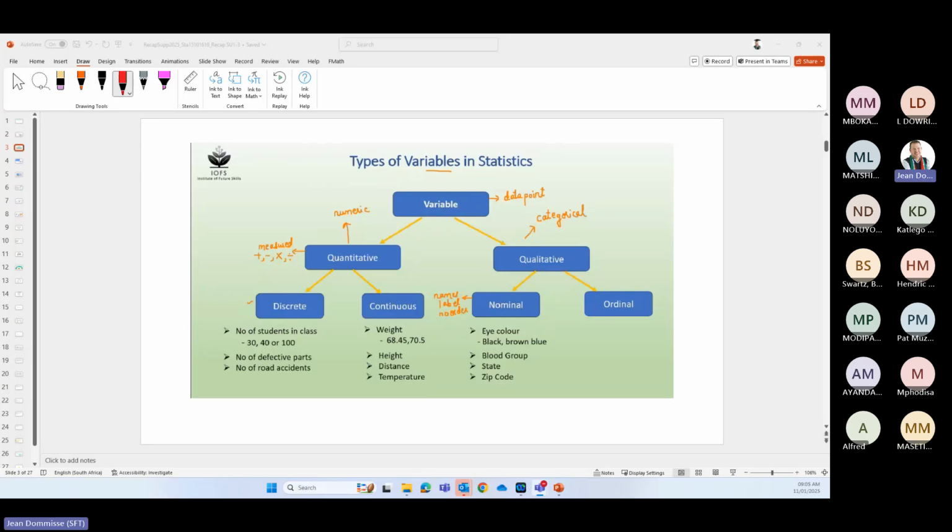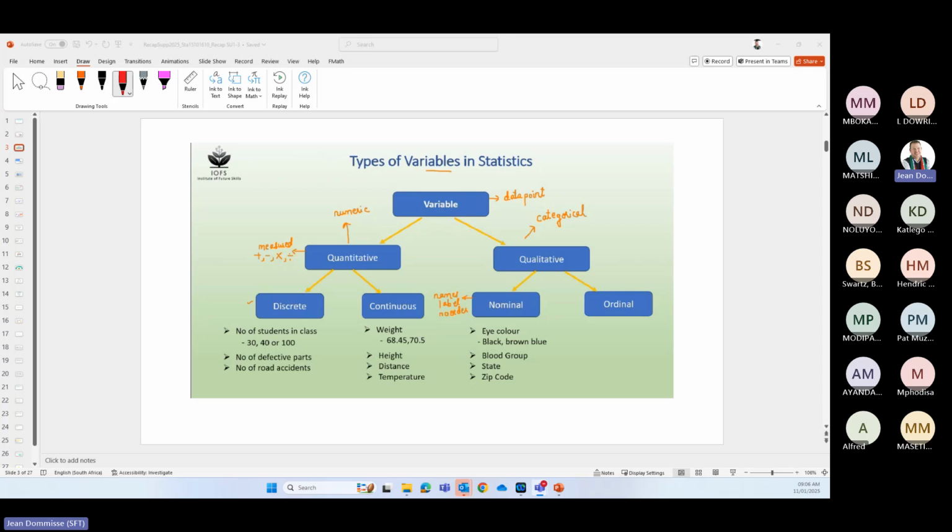Okay, so quantitative is linked to numeric. Then our quantitative can be broken up. It can be discrete, so number of people in a class. It must be a whole number, so 30, 40, 50, 60. It can't be 15.5 people in a class.